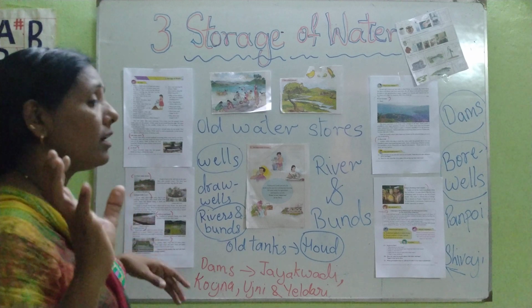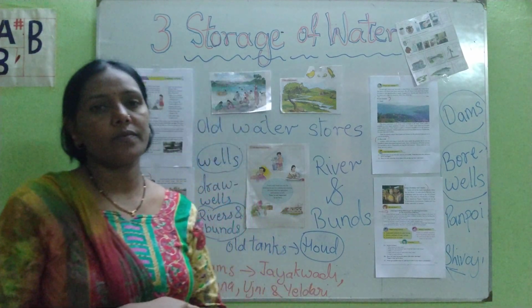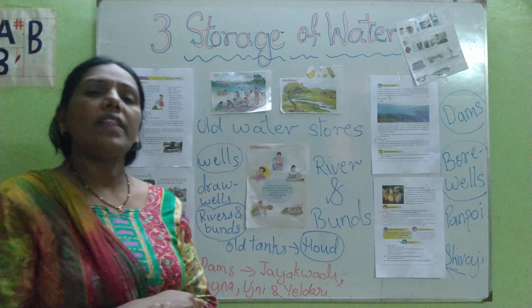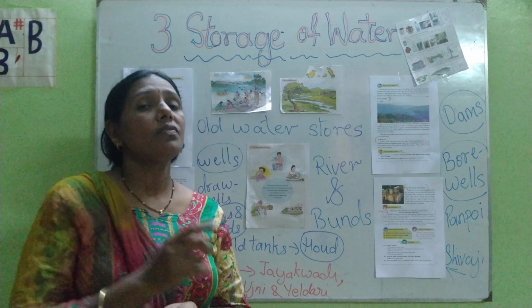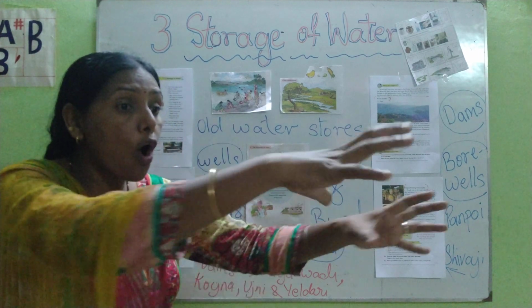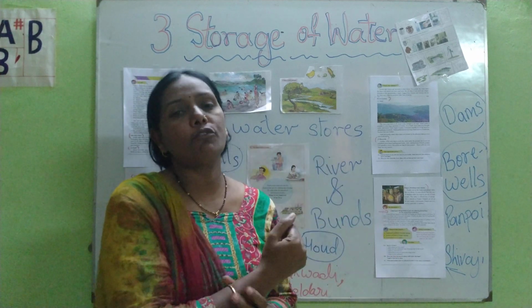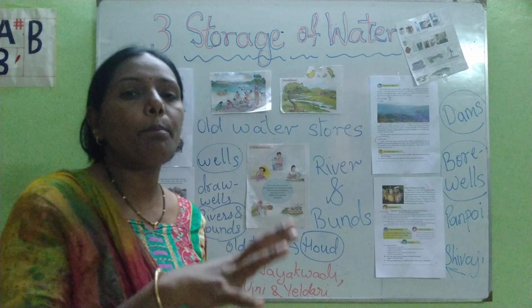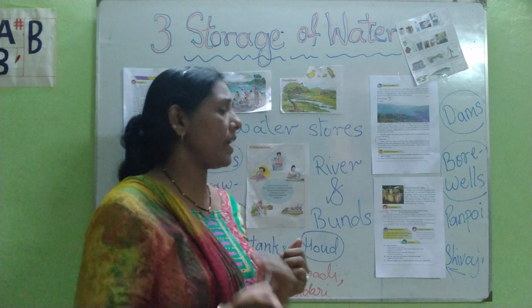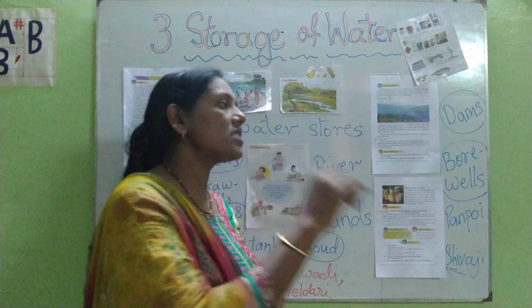Now in olden days, in Sangli, Atpadi, you will find many draw wells were made, because the river was not very close to all the villages, so that they could go and bring the water from the river. So these resources were made for the people in Sangli, that is Atpadi in Sangli.